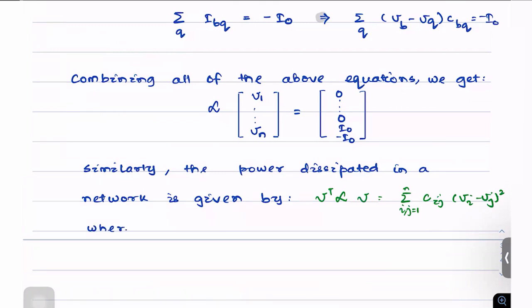Remember that here V is a vector of voltages. Again, we're simply applying the formula for the power dissipated in an electrical network. We arrive at this expression, which is nothing but the Laplacian potential. So now we have seen where we see disagreement, or the Laplacian potential, in a realistic network.